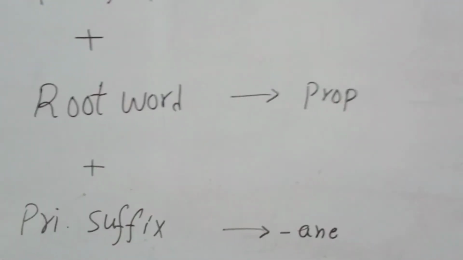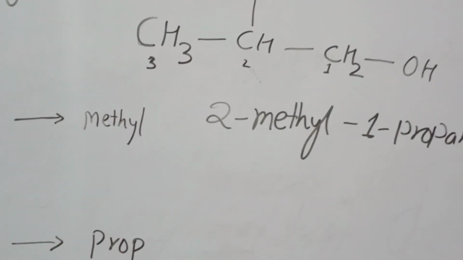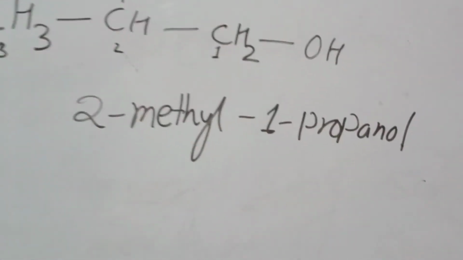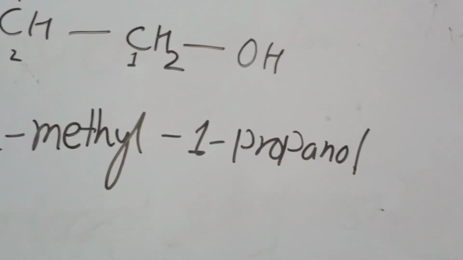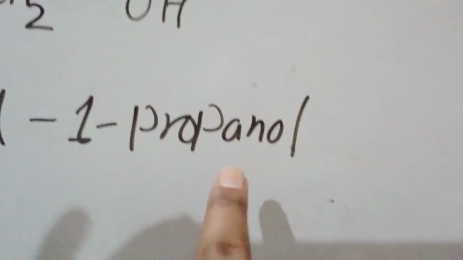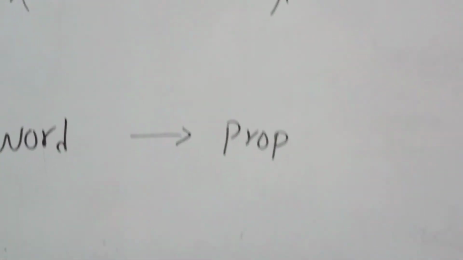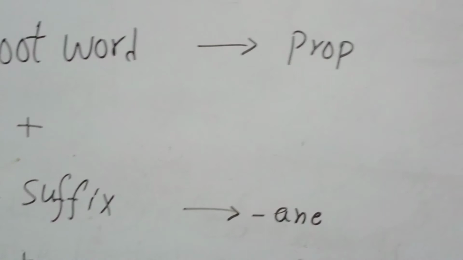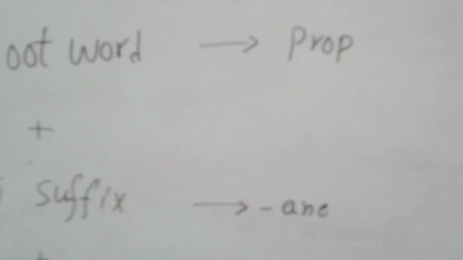The primary suffix present in this molecule is the ane, A-N-E, ane. And you can see here the ane is present right after the prop. However, you can easily note down that the primary suffix is ane.